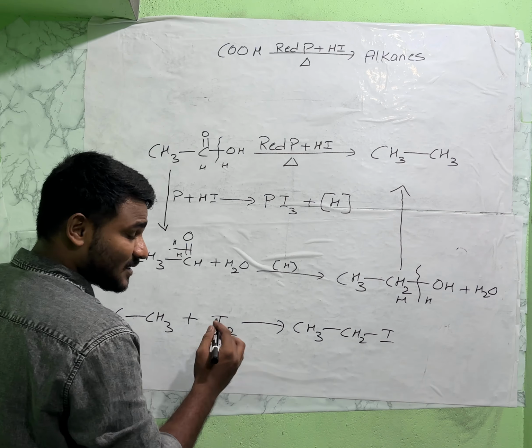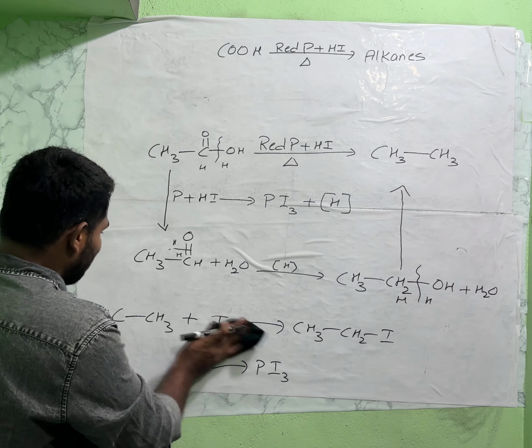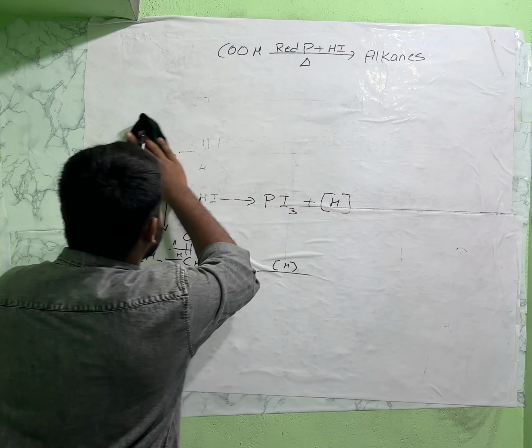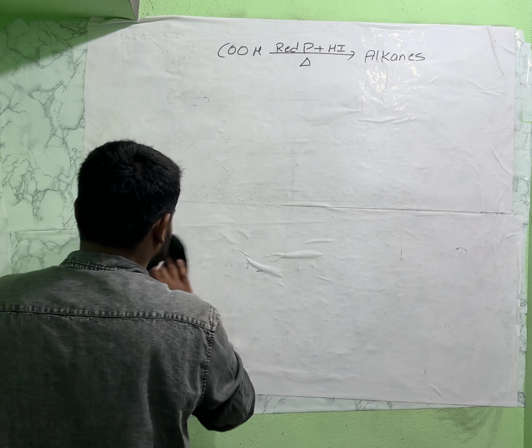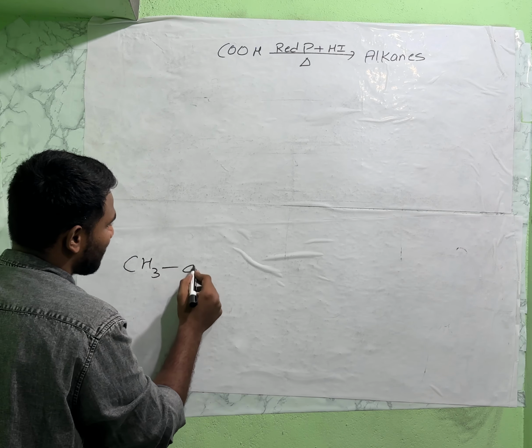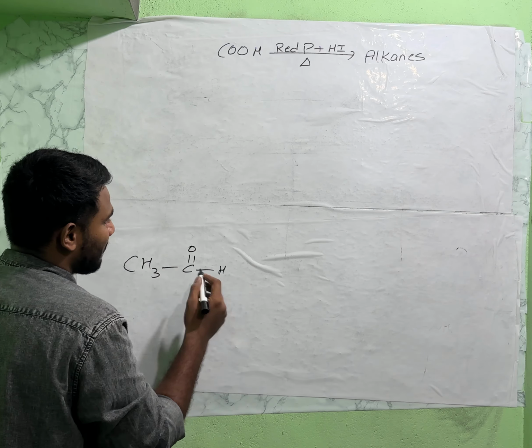This is about red phosphorus plus HI. You have to know it is a very strong reducing reagent, and we have seen all three methods: what Kolbe's electrolysis is, what NaOH with CaO is, and how the product is formed with red phosphorus plus HI. I will write one more example and end this session. For example, an aldehyde. How does it convert with red phosphorus plus HI?